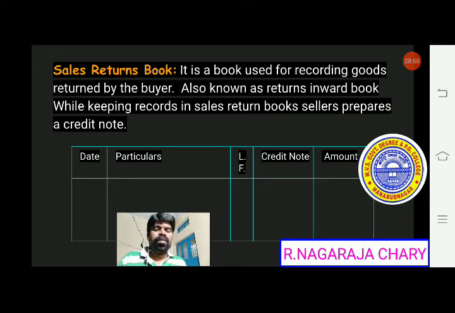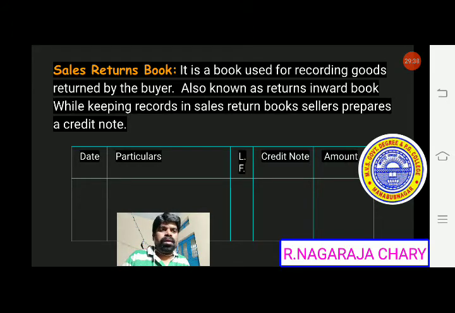Here also, the sales we made earlier on credit basis and the material returned from the customers are recorded. With this Proforma we have to maintain all the sales returns information.